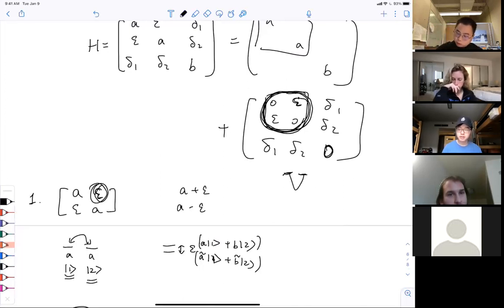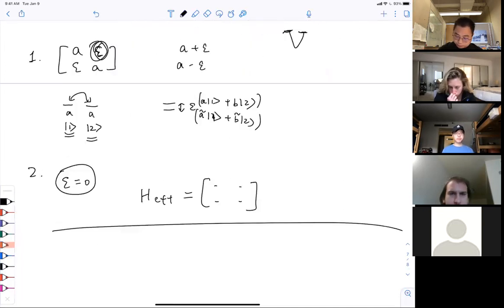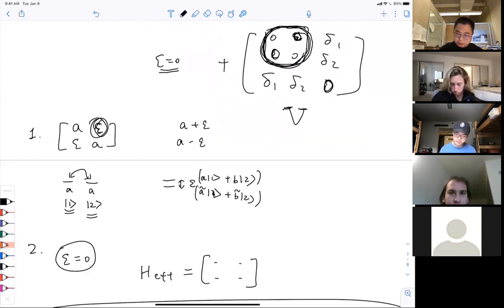If epsilon is 0, you want to do the second order. What I'm saying here is you cannot just naively apply the formula you have.